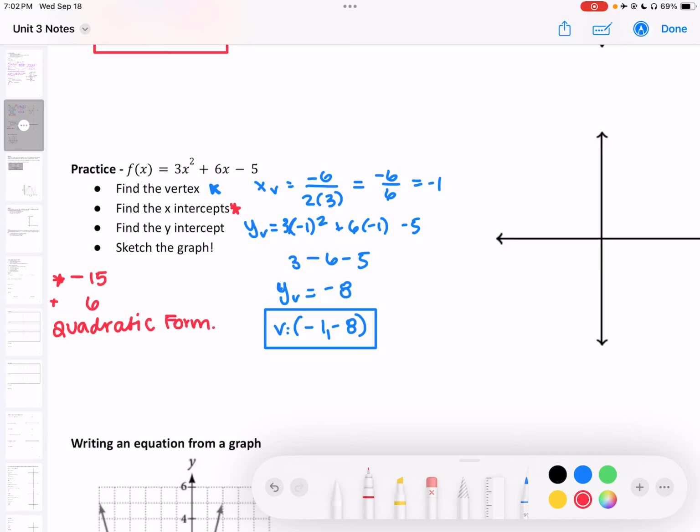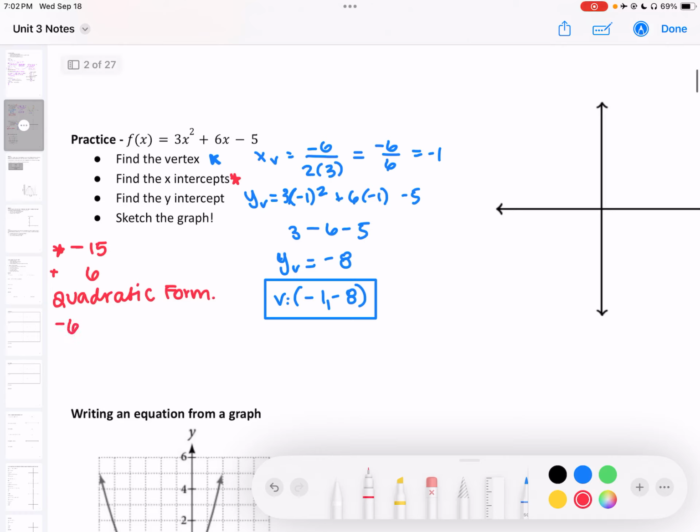So that's going to be -6 plus or minus 6 squared minus 4 times a times c, all over 2 times a. I'm going to do that math on my end here.